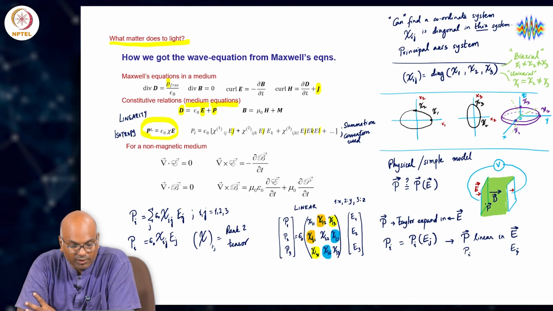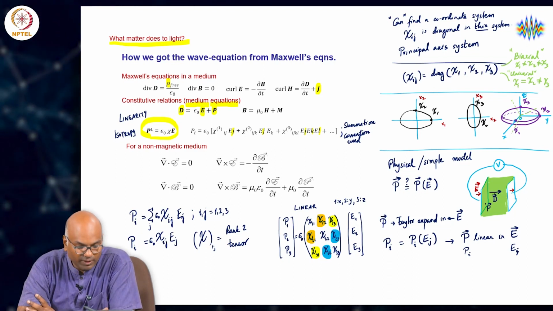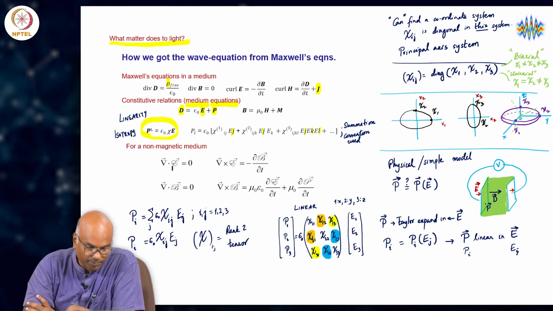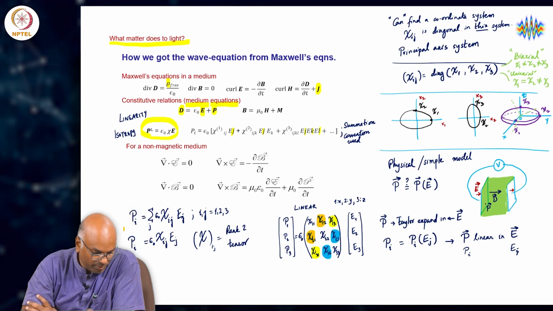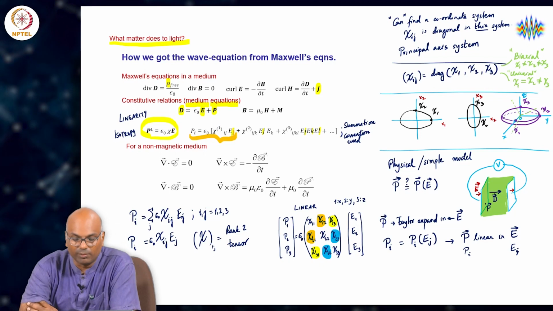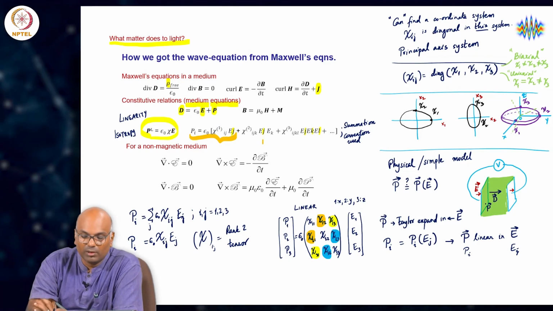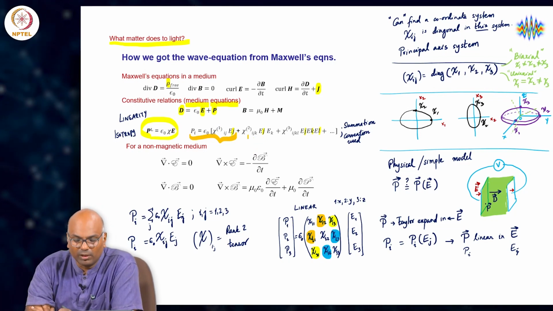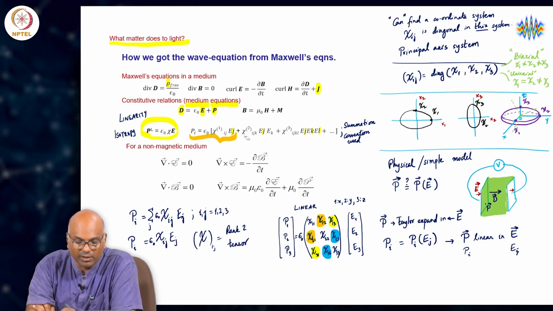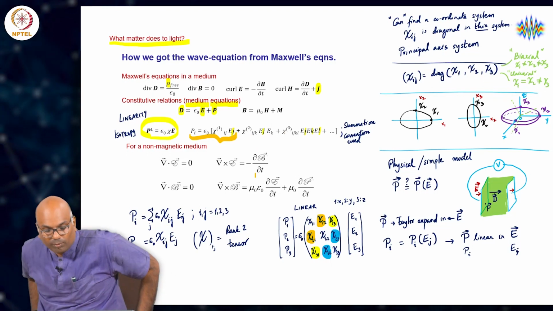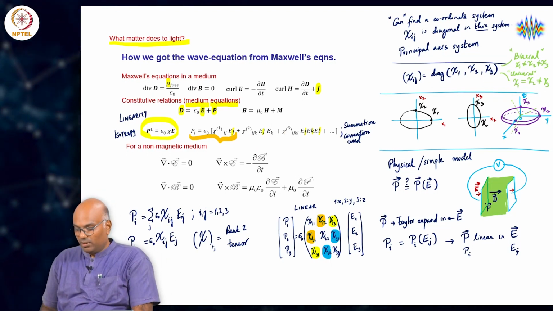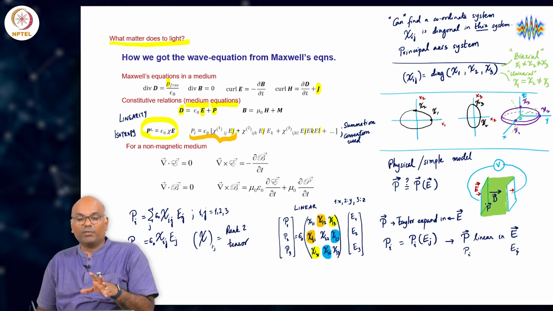In the case of linear media, we have so far discussed only the first term of this equation. I am not going to dwell on the other terms, chi 2 of i j k and chi 3 of i j k l, for the moment. I have just Taylor expanded it and respected the fact that E is a vector.